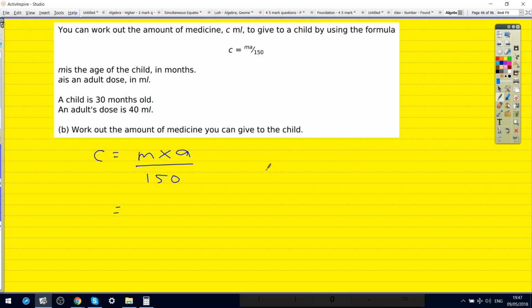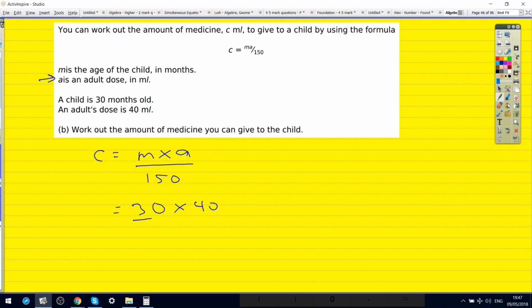You lost me. So what is M for this one? M is 30. Yep. A? So A is the adult dose. And so adult dose for this one? 40.